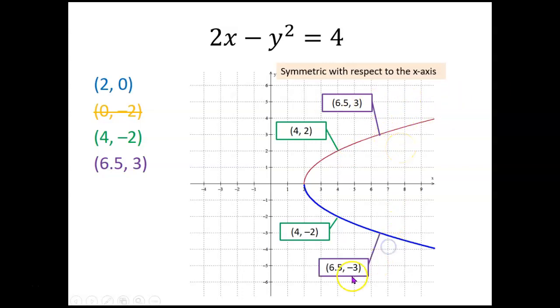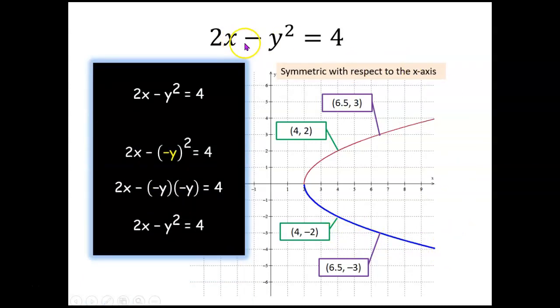But down here, the point (6.5, -3) is also on the graph. So for every point on the graph of this equation, you've also got a point with that exact same x-coordinate, but the opposite y-coordinate. The negative of the original y-coordinate gives a point that's also on the graph.